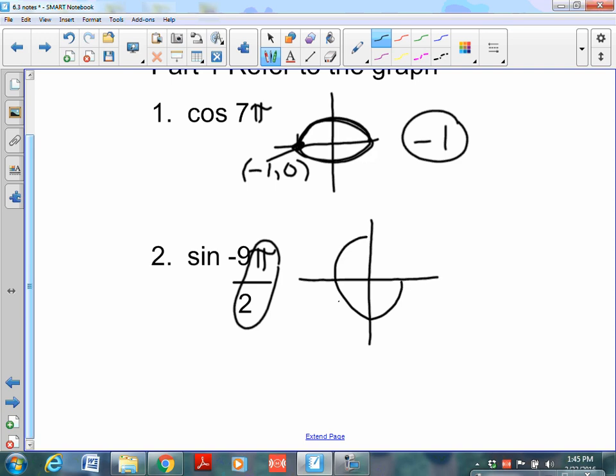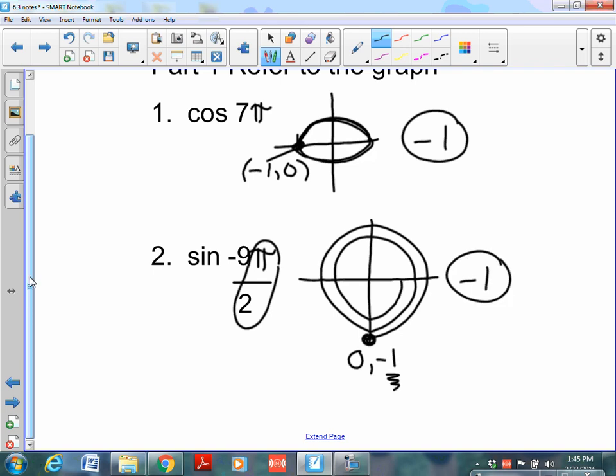Isn't this 3? Isn't this 4? 5? 6? 7, 8. You see how you can do this really quickly just by counting. So what's the sine of a negative 9 pi over 2? Sine is the y value, which ends up being negative 1 for the answer. And that's it. Kind of a repeat from yesterday.